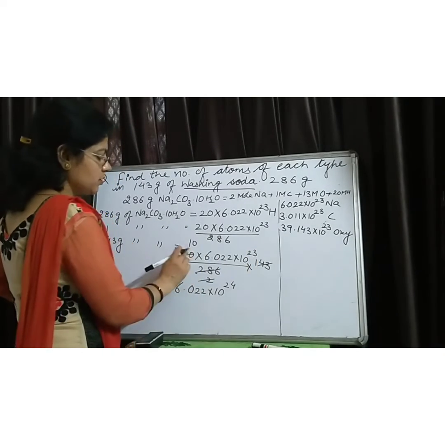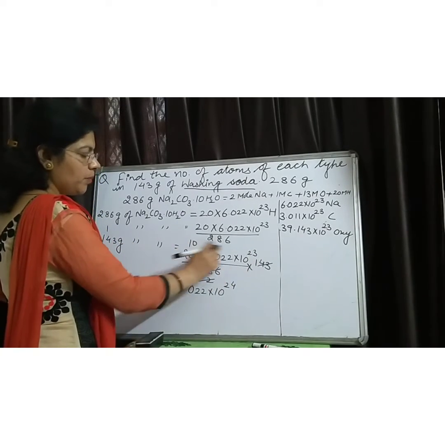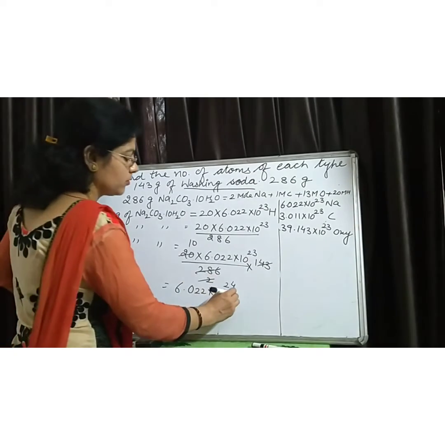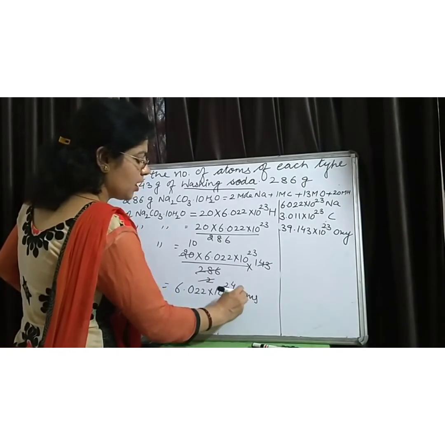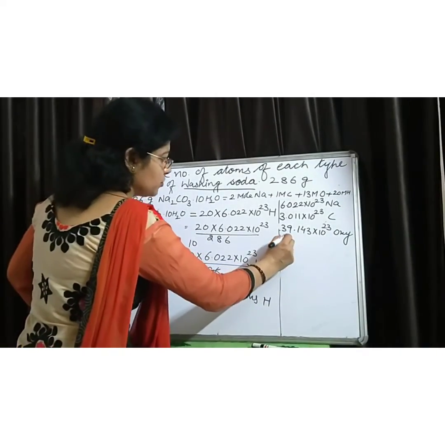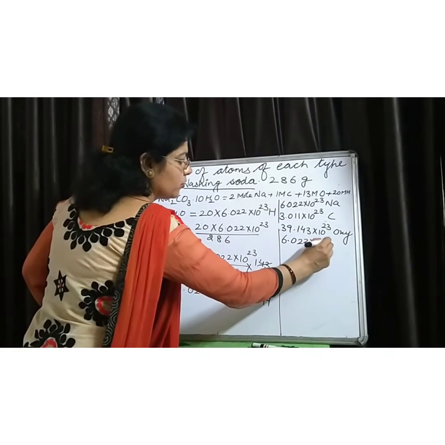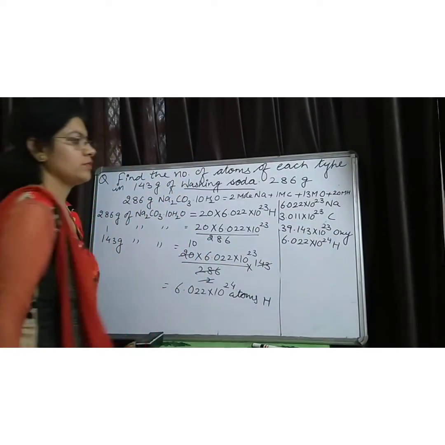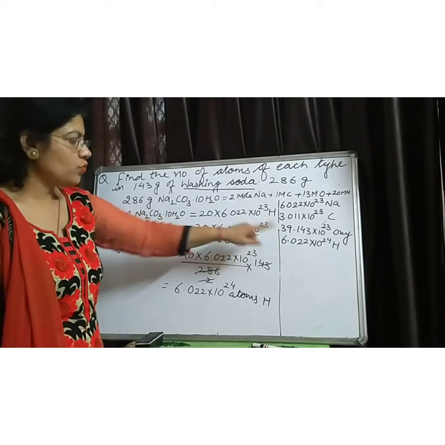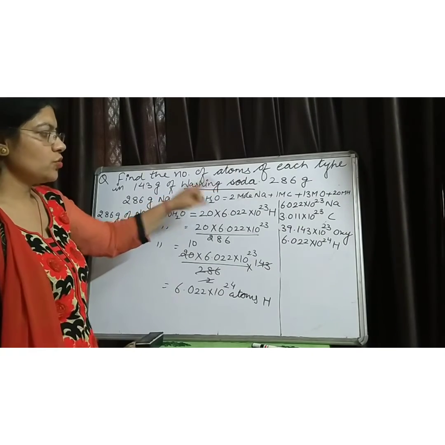Here 24 means 10 multiplied by 10 raised to power 23; I add 1 to the power 23 so that it becomes 10 raised to power 24. These are the number of atoms of hydrogen.